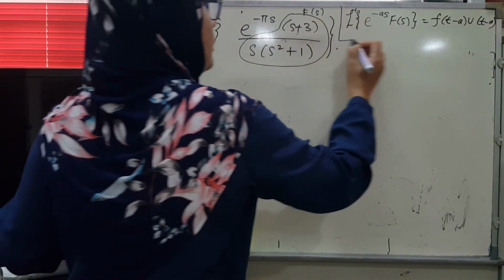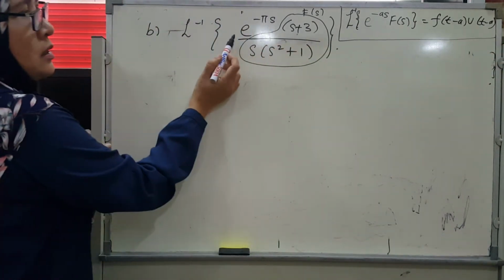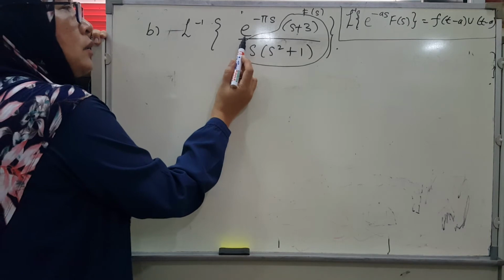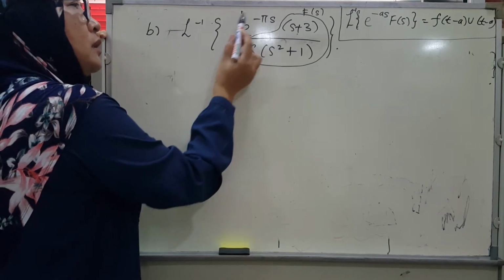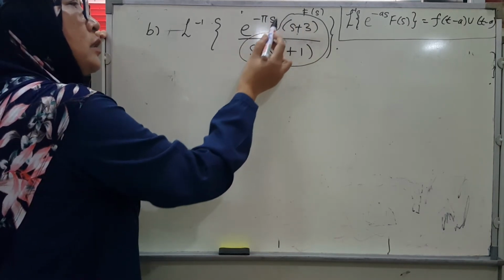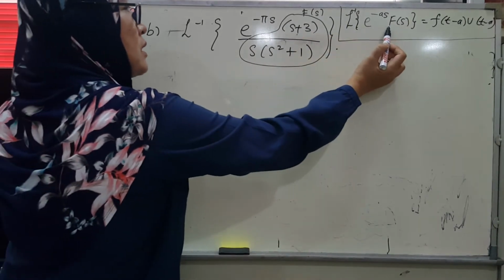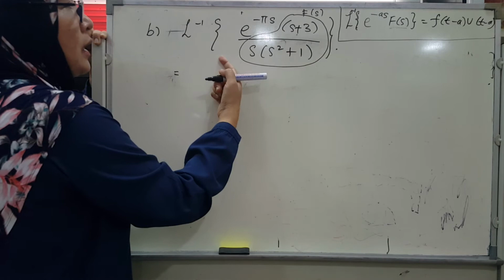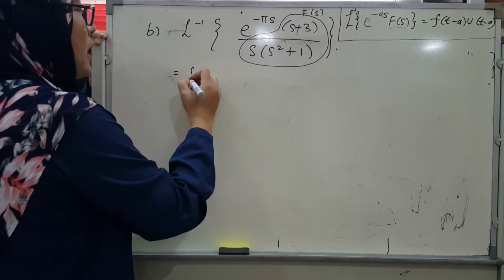This is our property for second shifting, right? So this is a question including an exponent. The rest after the exponent is F(s), the function, and then it becomes f(t).